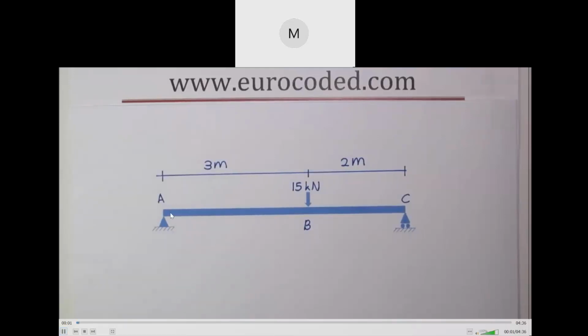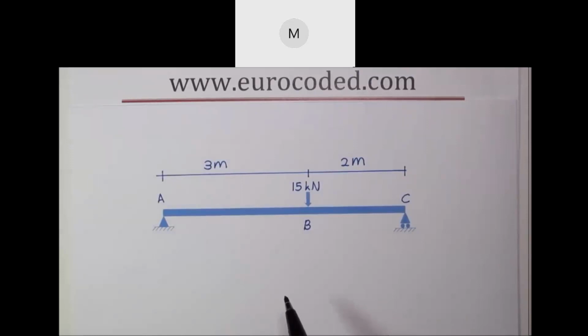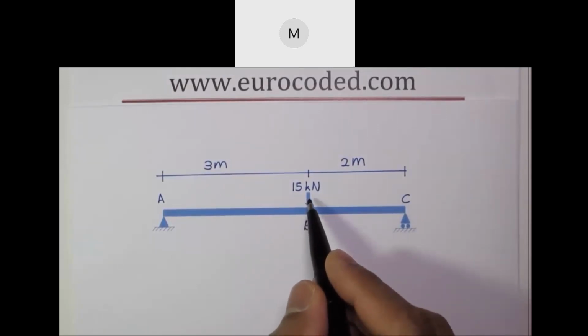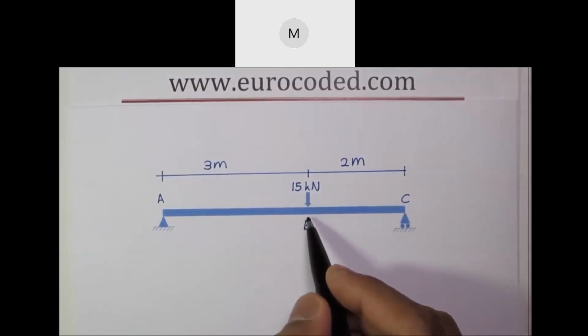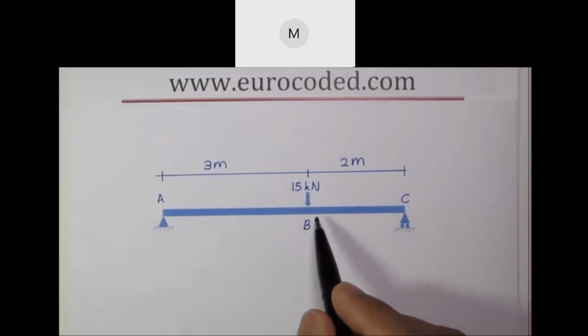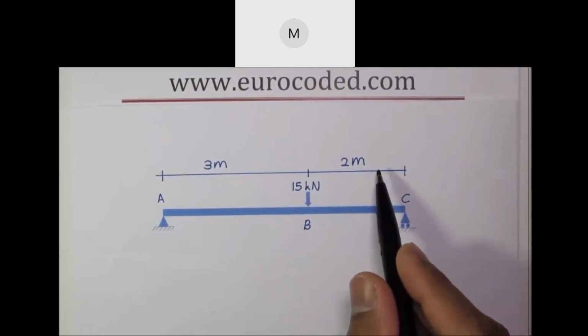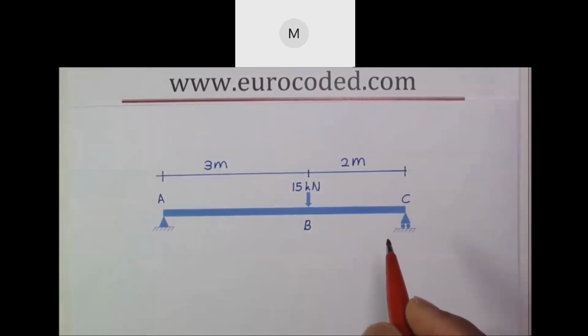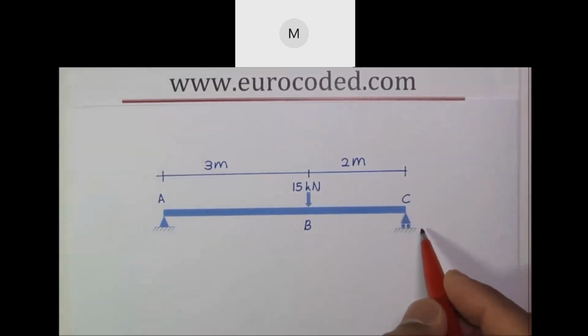Example, we are looking at a simply supported beam. As you can see, it is a 5-meter long beam, and we have a 15 kilonewton load applied at B. Distance from A to B is 3 meters, and from B to C is 2 meters. It is simply supported with a roller support at this end.